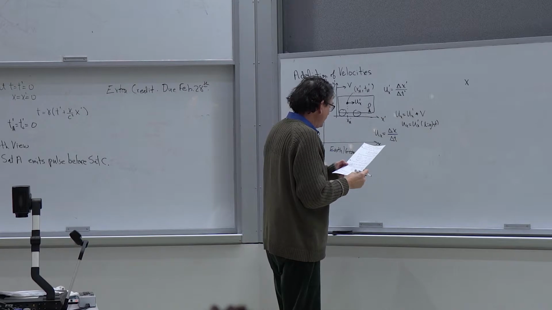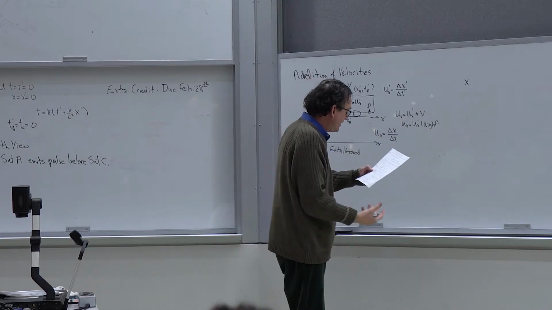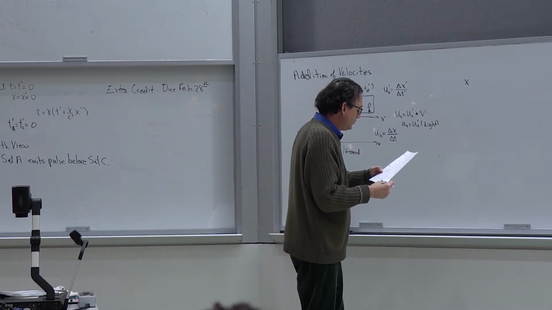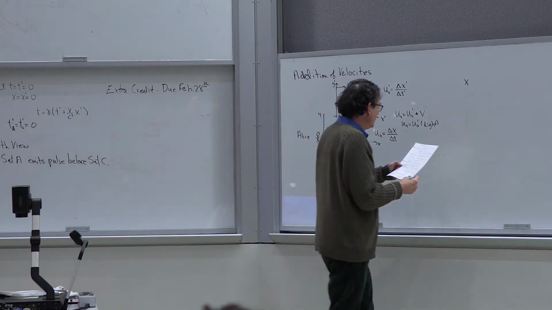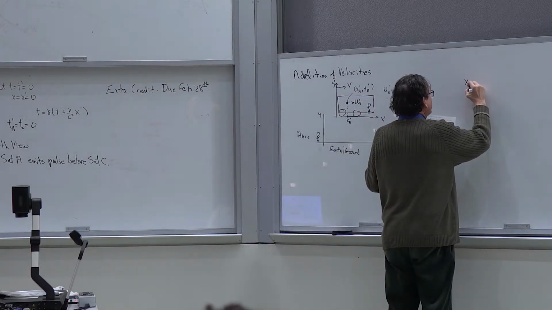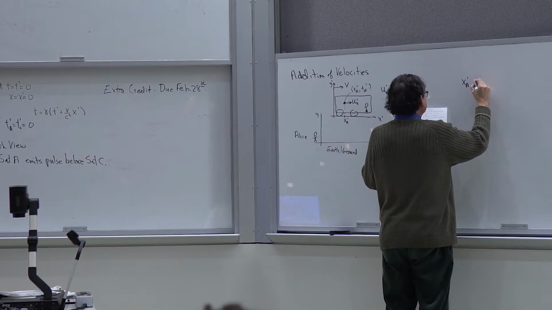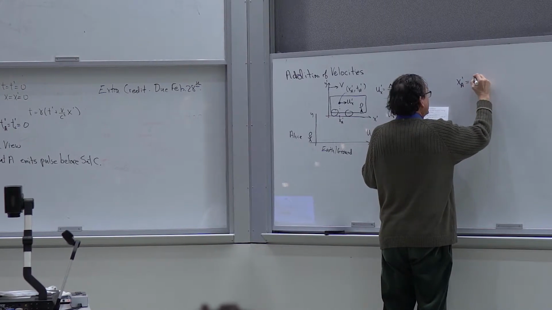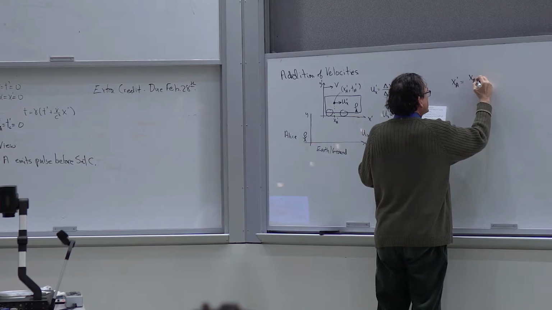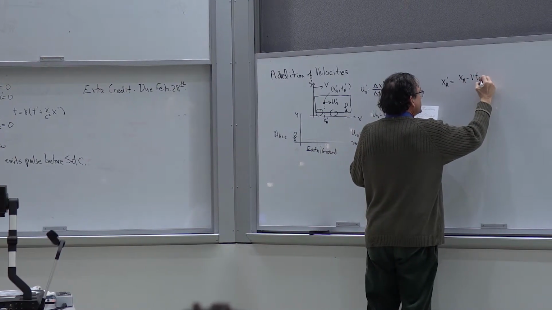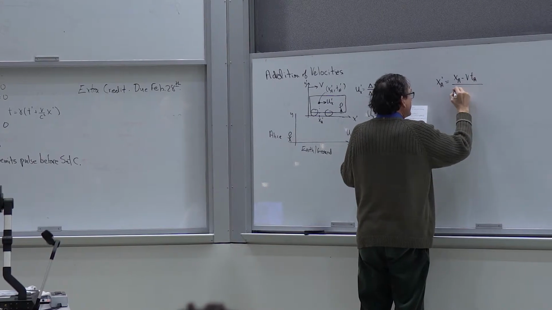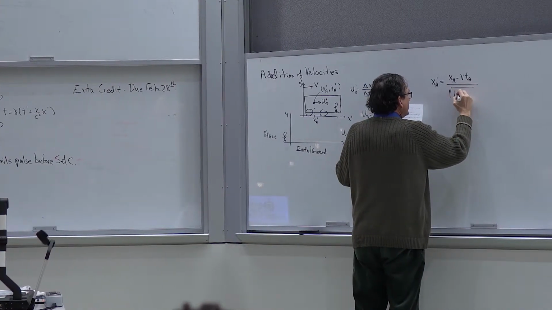So if I were to write it in that type of format, what I would say is that xa prime is equal to xa, which is the coordinate in Alice's frame, minus v times the time t sub a in Alice's frame, divided by what we call the Lorentz factor.